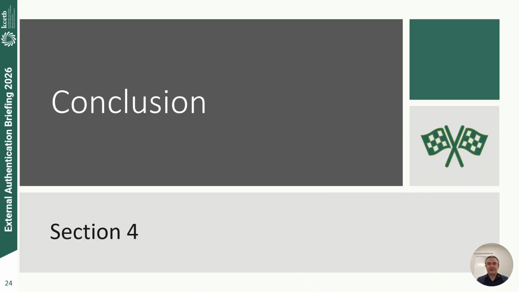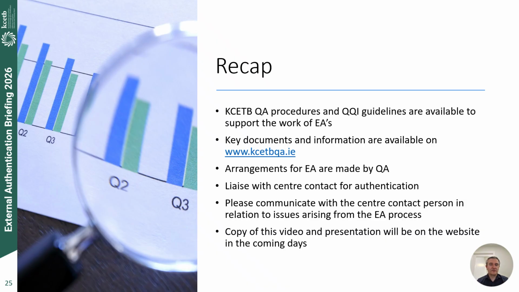Our last section is to conclude, so we'll just wrap up everything that we've covered in the first three sections. As a recap, KCHB QA procedures and QQI guidelines are available to support you, and all the links are in this PowerPoint, which will be shared. Our key documents and information are available on our website, kctbqa.ie.